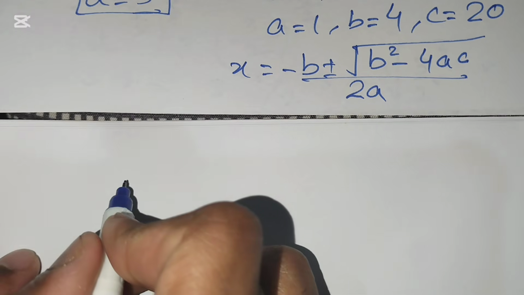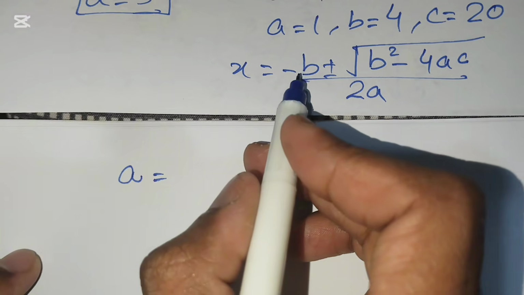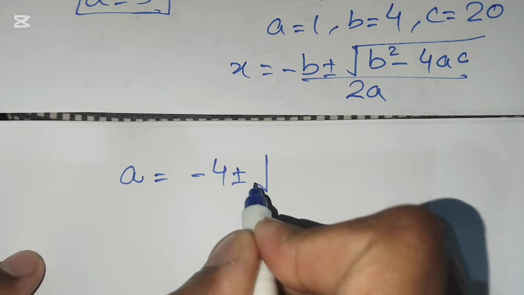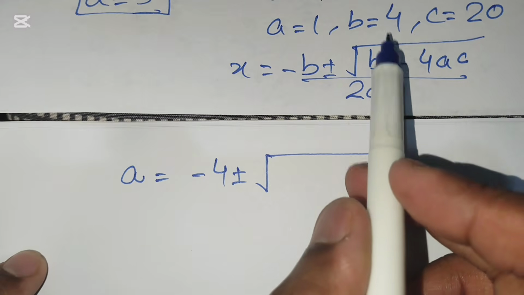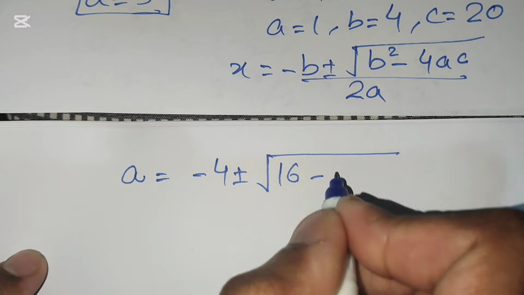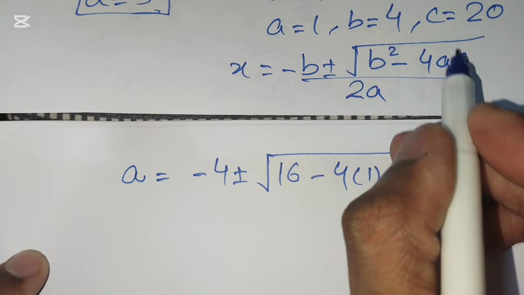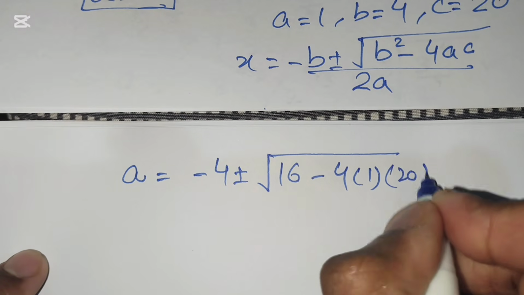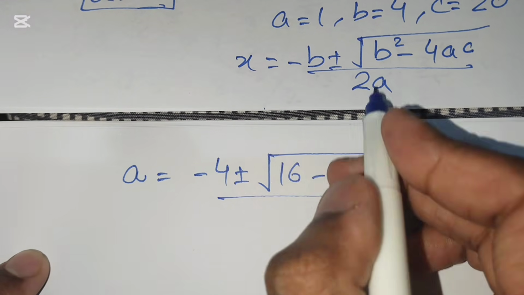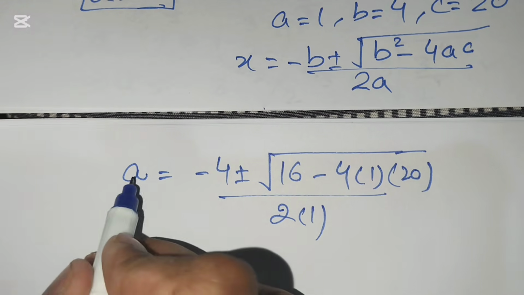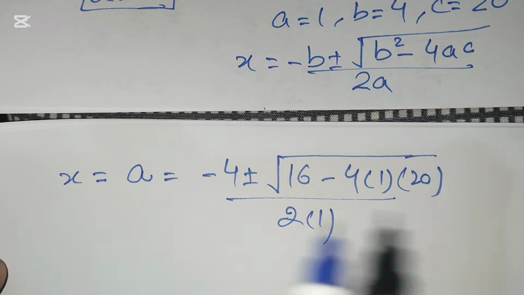Now the equation becomes minus b. What is minus b? Minus 4 plus minus square root of b square, 4 square is 16, minus 4 into a is 1, c is 20, all over 2 into a is 1.